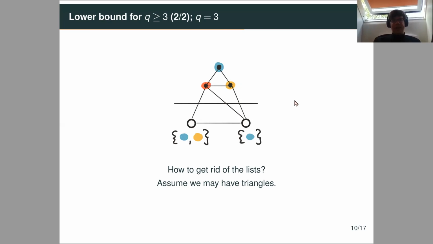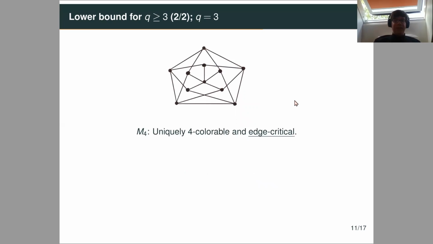Okay, so now basically we have to achieve the same thing but without introducing triangles. And for this we use Mycielski graphs. So these are a family of graphs that contain for every integer k a uniquely k-colorable graph that is also edge critical.